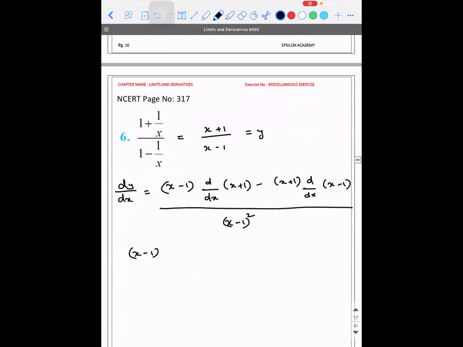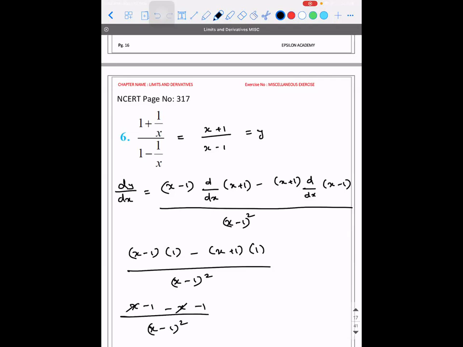So x minus 1 into derivative of x is 1, minus x plus 1 into derivative of x is again 1, divided by x minus 1 the whole square. So x minus 1 minus x minus 1 divided by x minus 1 the whole square. X and x cancel. So minus 2 divided by x minus 1 the whole square.